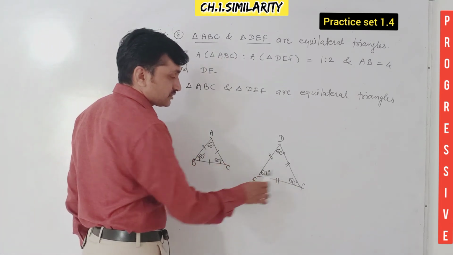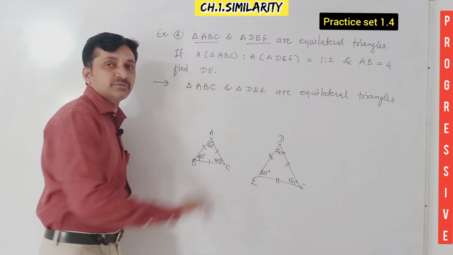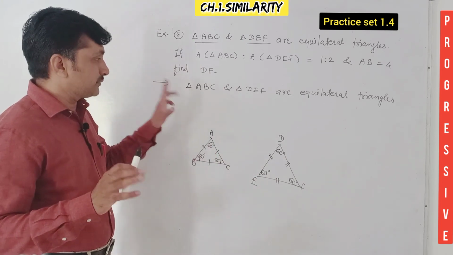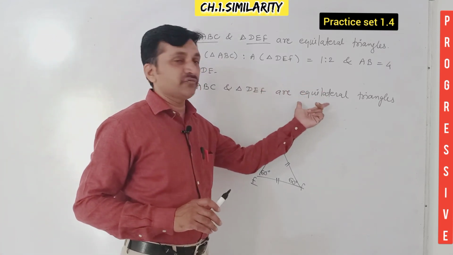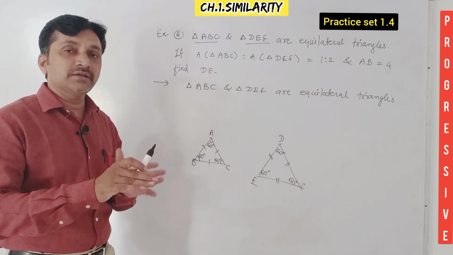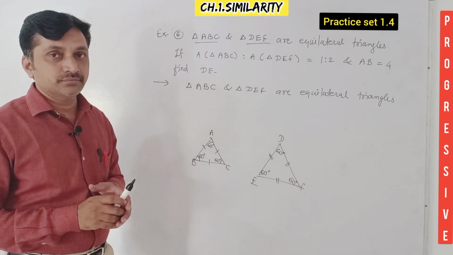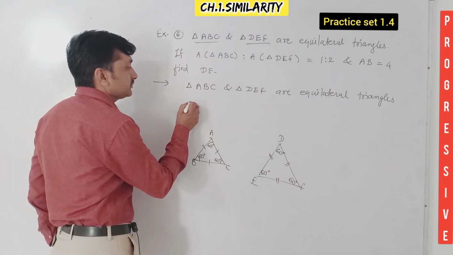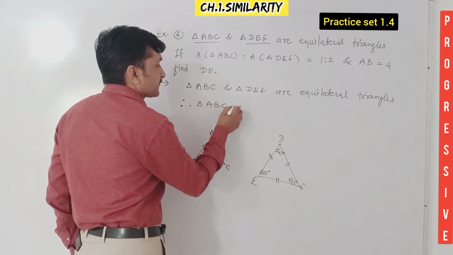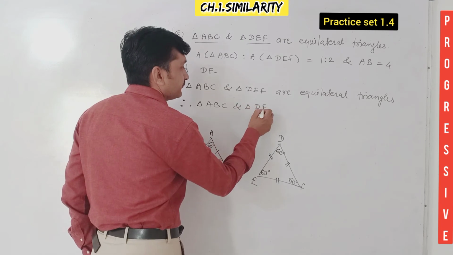By AAA test, triangles are similar. Correct? Therefore remember that, no need to prove. Remember one thing, if two triangles are equilateral, they are always similar by AAA test.